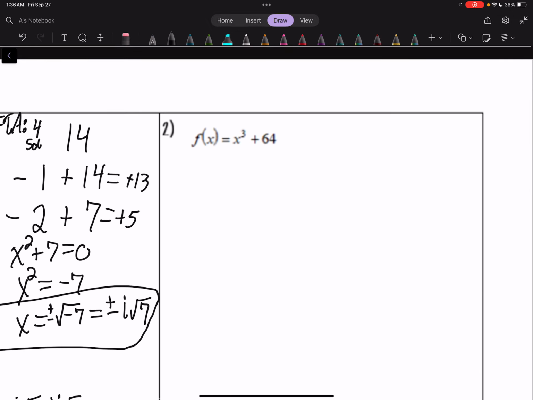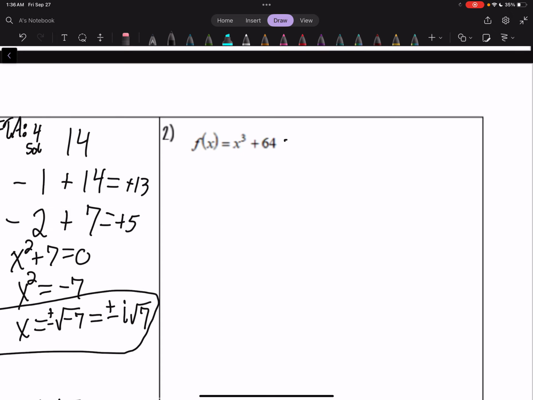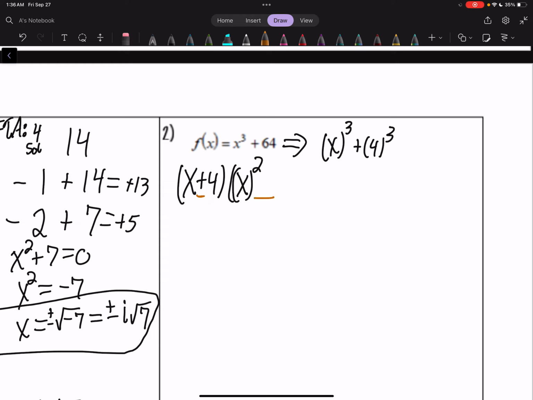Okay, this one is a sum of perfect cubes. So this is the same thing as quantity x cubed plus quantity 4 cubed. My formula, x plus 4. First thing squared, opposite sign, so since this was plus, I need a minus here.